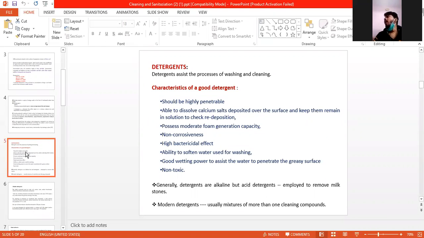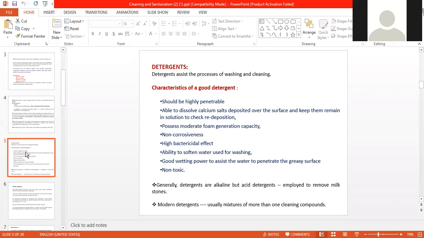Another point is that generally we use alkaline detergents. You can also discuss CIP briefly. Detergents are alkaline, but acid detergents are employed to remove milk stones. I have already discussed milk stone: it is the accumulation of soil on the surface of the equipment.